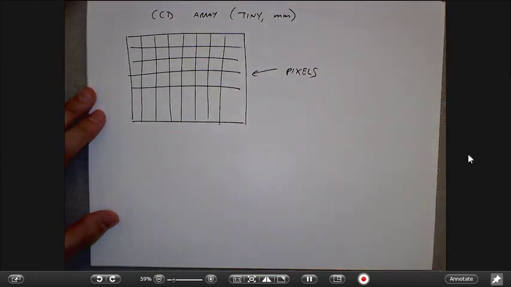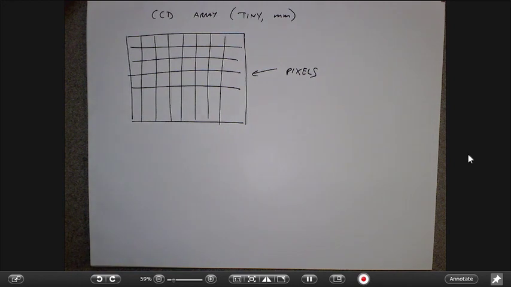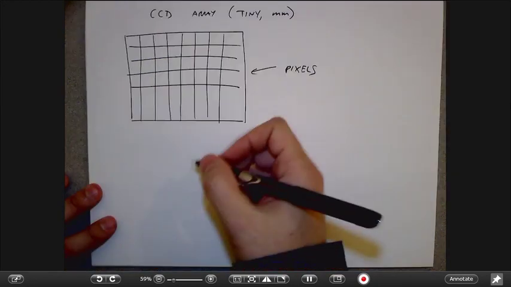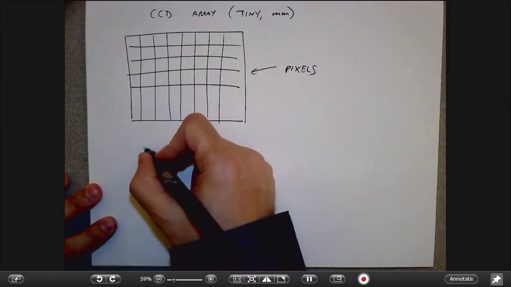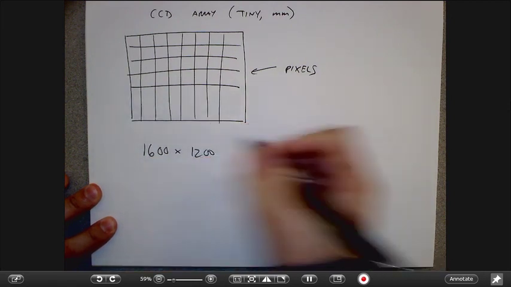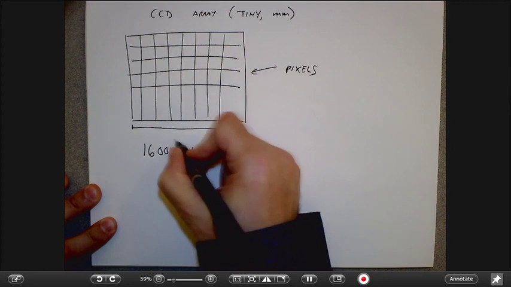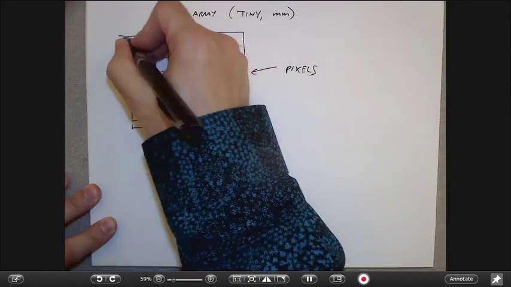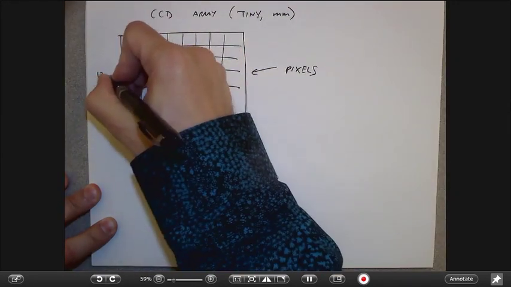And so this is where you get this notion of image resolution and megapixels. For example, an older image might be 1600 by 1200 pixels, which means that there are 1600 little sensors crammed into here and 1200 little sensors crammed into here.